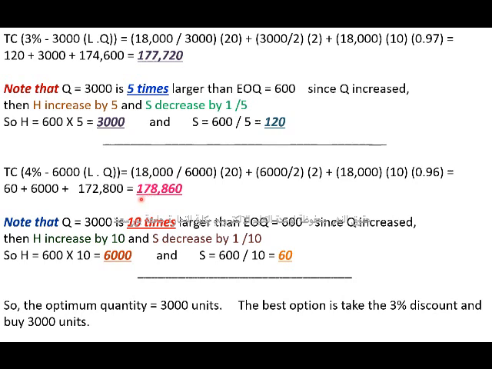We can see the lowest total cost is for 3%. This is the lowest one. This means we recommend for this company to buy 3,000 units to reduce the cost to 177,720.